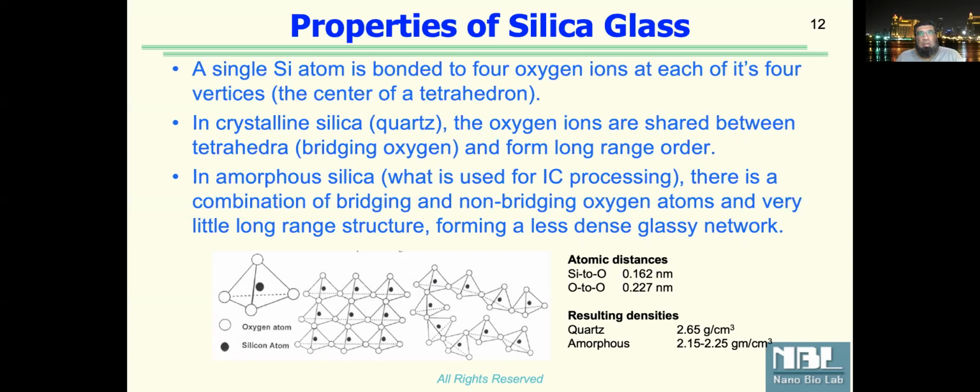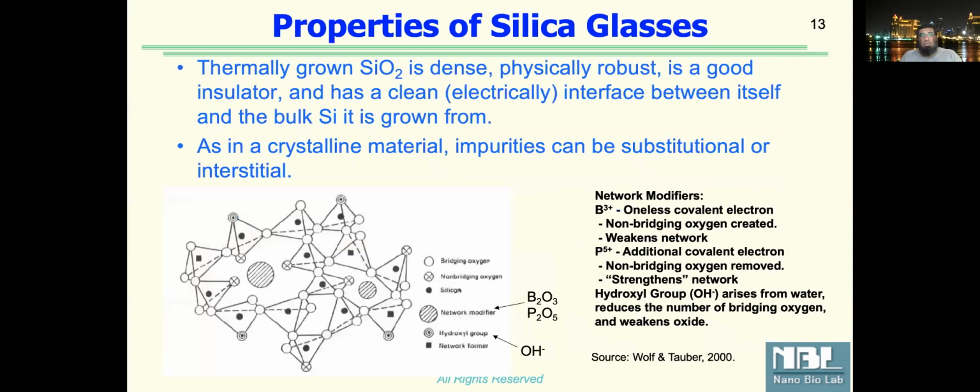And similarly for oxidant, it is 0.227 nanometer. Now, if you think about the densities or how many of these atoms are there, the densities for quartz and amorphous are quite different. So this quality of how the oxygen bridges is what gives us a very good insulator, which has a very good interface with itself and the silicon that's below.